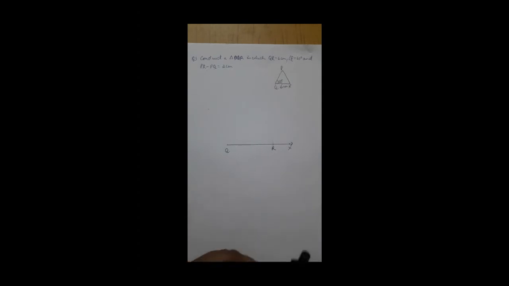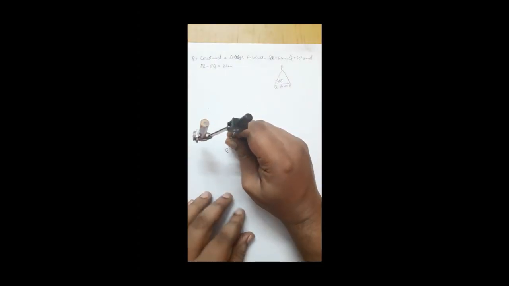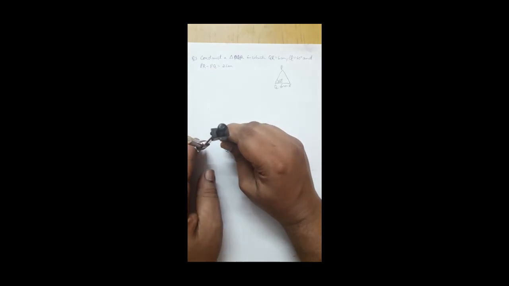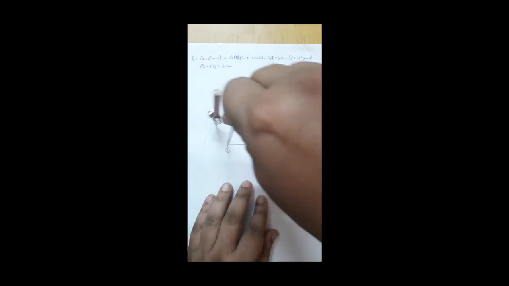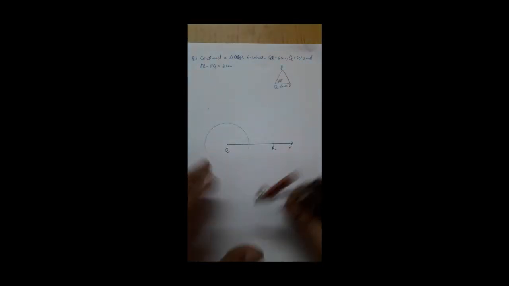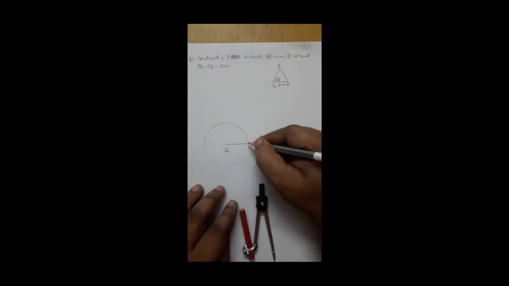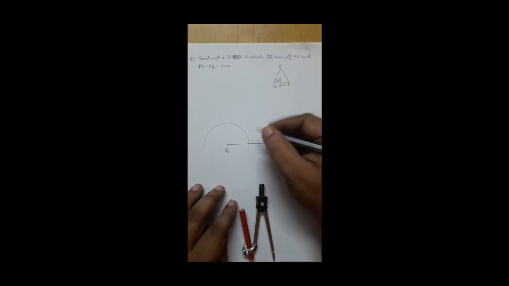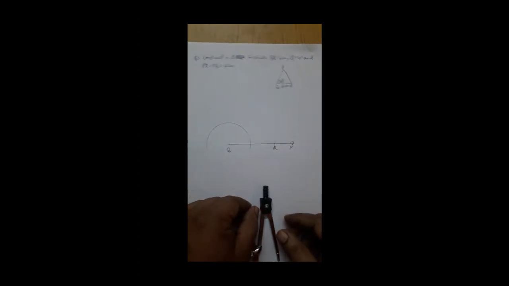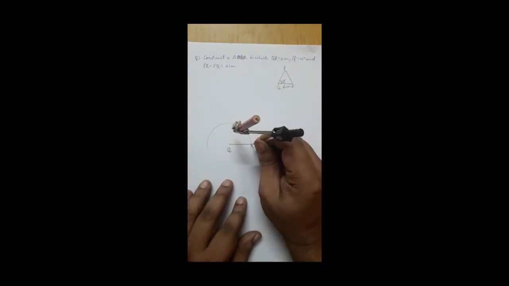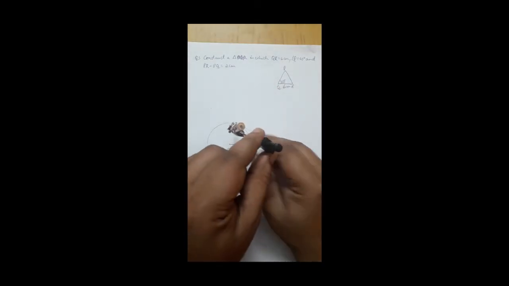The next part is constructing 60 degrees from Q. As we have learned before, I construct an arc this way here, and using the same measurement I construct an arc using the point where the first arc cuts the line as the center.